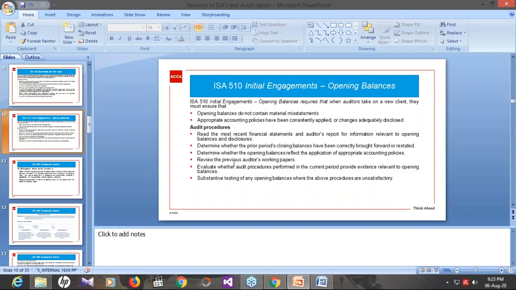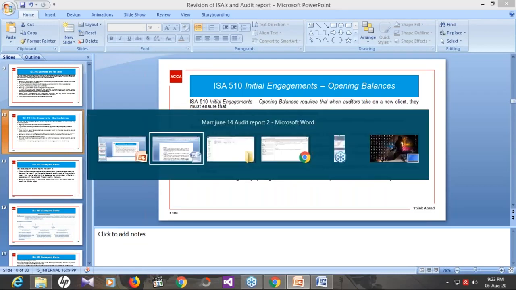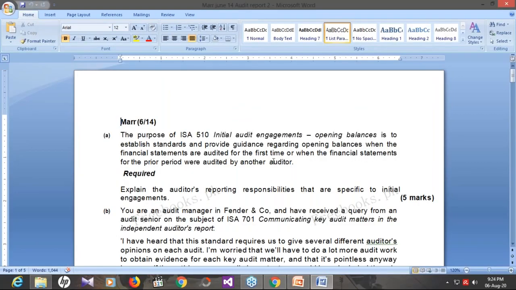What impact would it have on the audit report? Yes, you will qualify the report if there is a material misstatement in opening balances. This is what you have to portray your knowledge of for part A, which is for 5 marks. If you have a good understanding of ISA 510 and you have memorized 3 to 4 basic points, you can easily gain 4 out of 5.